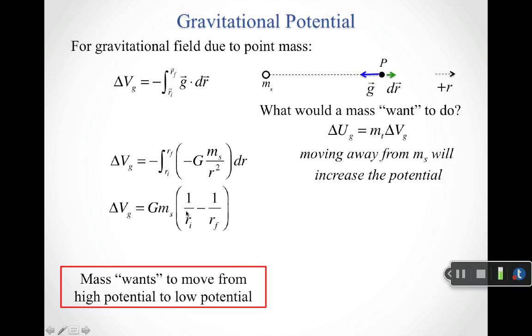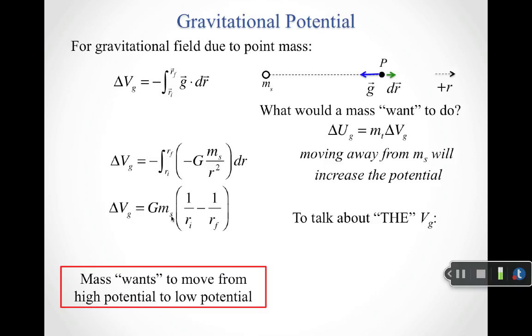When I do my integral and evaluate, I'm left with this expression. The only thing different from when we talked about the change in the gravitational potential energy is that there was a second mass term. We've just divided out that second mass term to get the change in the gravitational potential. We only care about the source.